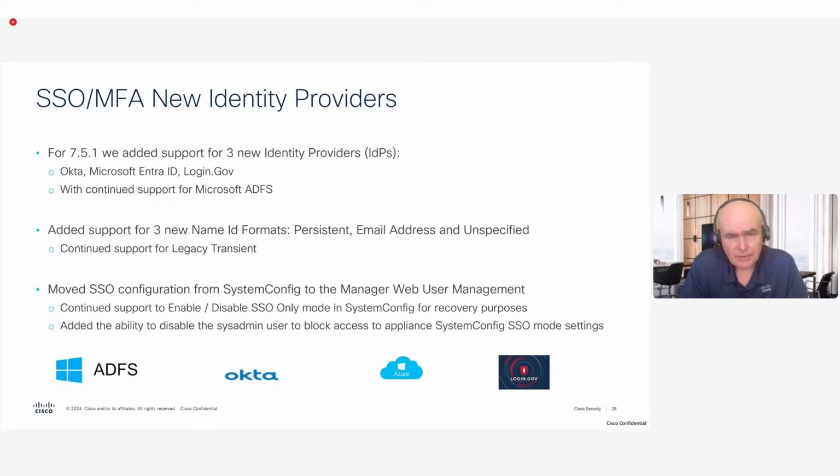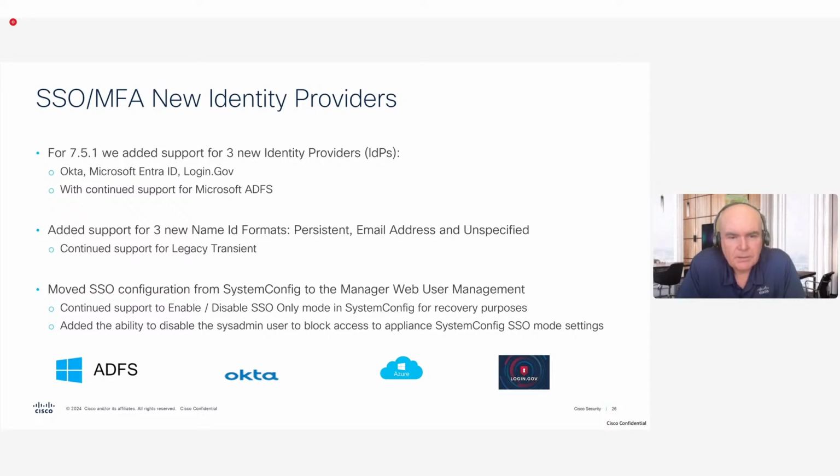In 7.5.0, we had this in system config, but some people were using this in 7.5.0 where they have this mode called SSO only mode. If you have single sign-on only mode and your identity provider is down, in theory, there's a chance that you could not access the web user interface.